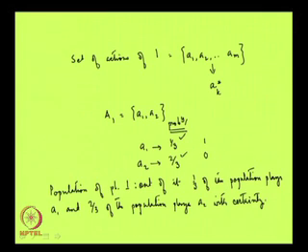In this case also, since the players are picked randomly from the population, the probability that A1 will be played remains 1/3 and the probability that A2 will be played is 2/3.